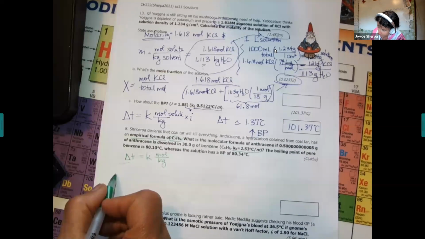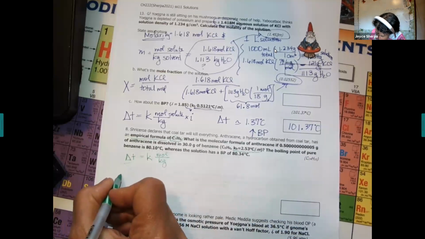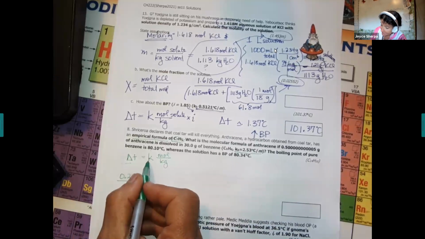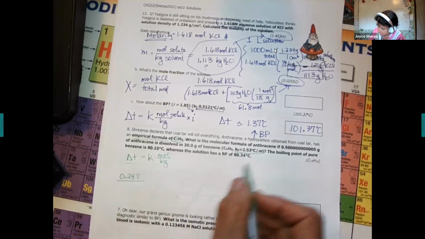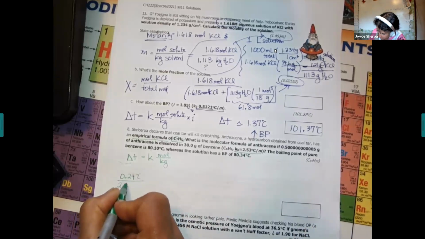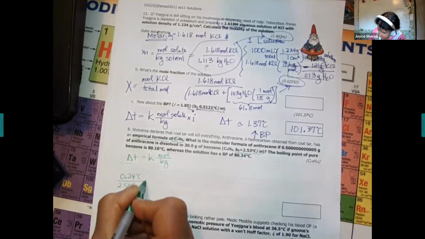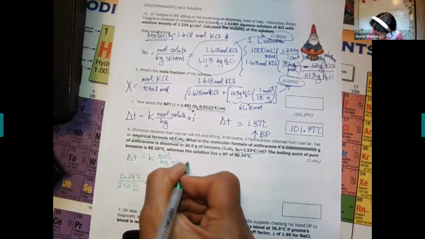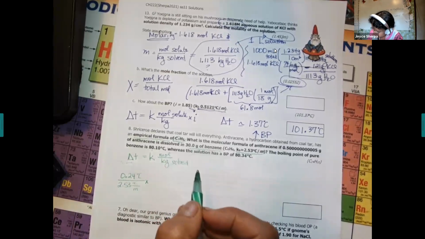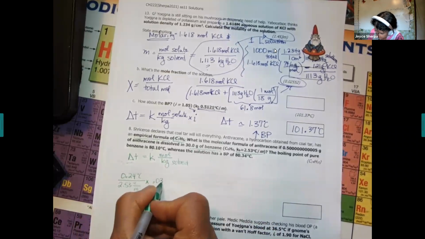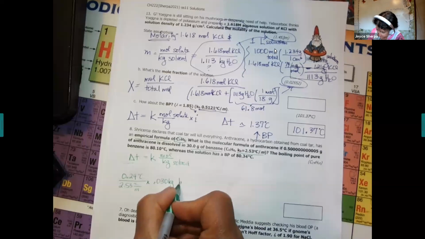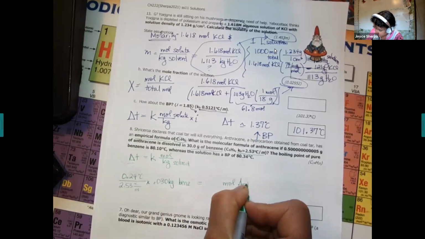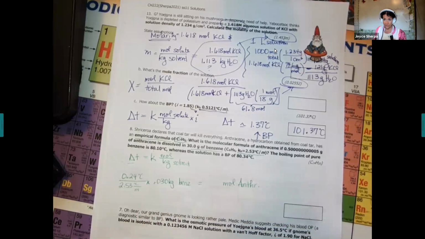So we do our change in temperature, which is the change between those two, so 0.24 degrees Celsius divided by the K, which is the 2.53 degrees Celsius per molality, and then times the kilograms of the solvent, and that is the benzene. So times 0.030 kilograms of benzene. That's going to give you your moles of the anthracene. So of our unknown.